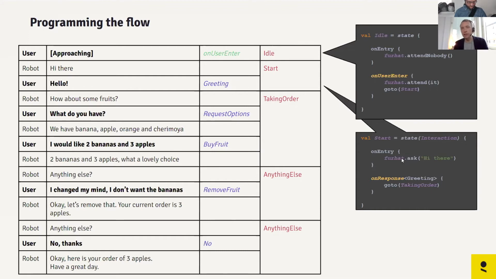And in the start state, here we say that the start state extends the interaction state in this hierarchy. We say that on the entry, Furhat would ask hi there. And the reason we say ask here is that Furhat doesn't just say hi there, it actually starts to listen for a response from the user. That's what ask does. And then when we get the response of greeting, we go to the taking order state.